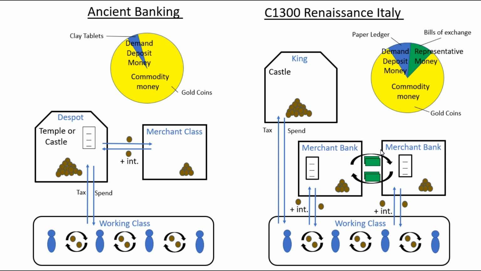These bills of exchange were representative money. So now the economy is mostly commodity money, gold coins changing hands. But there's now representative money included in the money supply, plus demand deposit money becoming larger because now they've got ledger books and double entry bookkeeping, enabling more of the economy to be composed of debts recorded on these paper ledgers.